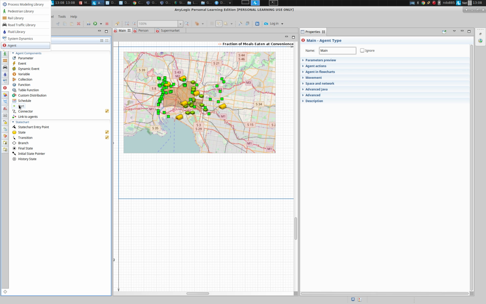There's a lot of commonality. Parameters, for example, to encode assumptions. We may have variables in both. We may have functions or table functions to look things up in a tabular form. But there are somewhat different vocabularies.